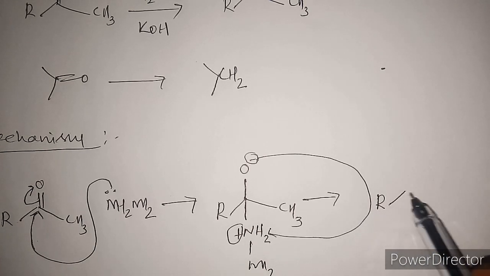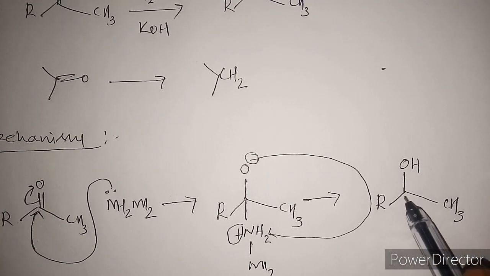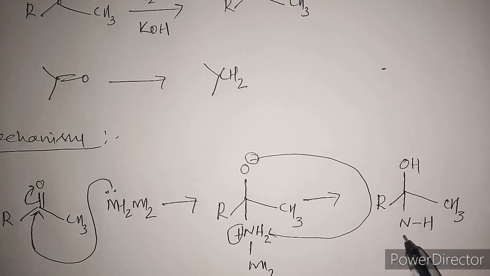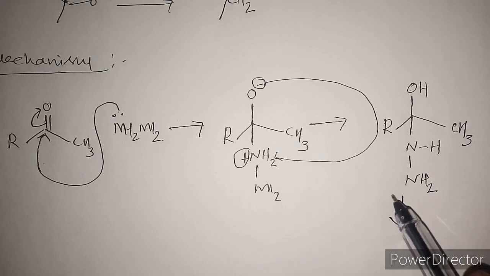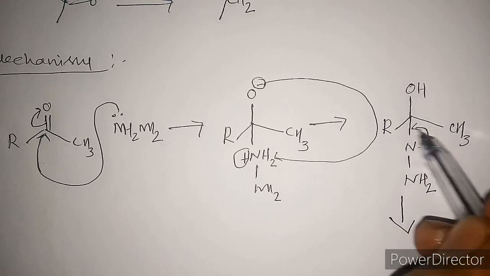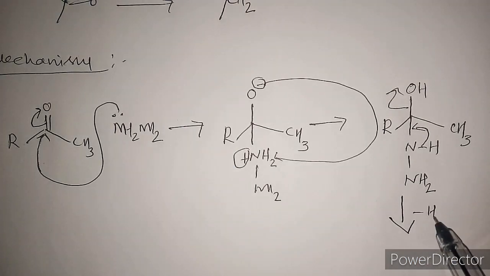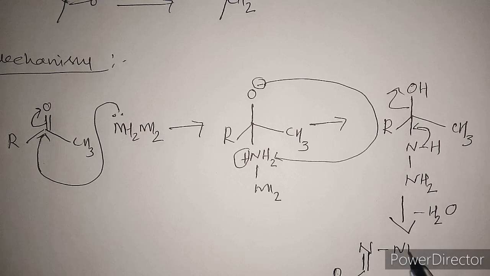So we will get OH, CH3, NH2. Okay, now in the next step, hydrogen and OH will be eliminated as a water molecule. So we'll get a hydrazone. So we will get NH2, CH3.